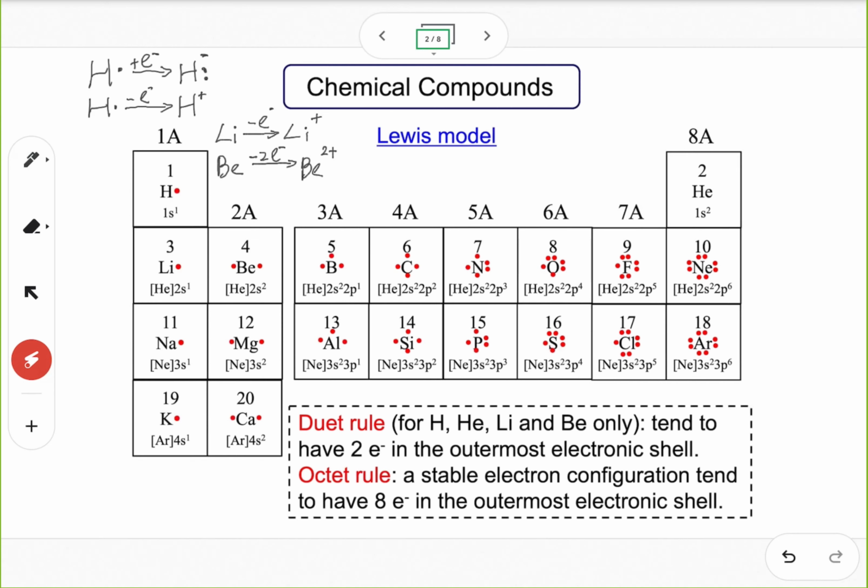But anyway, the oxygen atom has the tendency to get 2 more electrons to fully occupy the 2p orbitals.